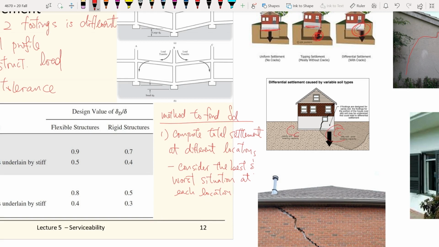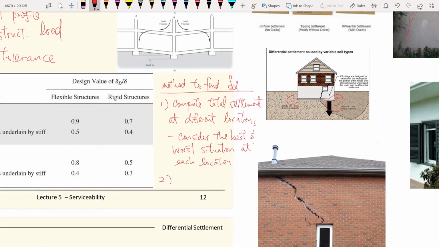So you will perform a settlement analysis at these locations, and also at these locations, addressing immediate, primary, and secondary consolidation, and then see how it differs from location to location. Quite straightforward that way.